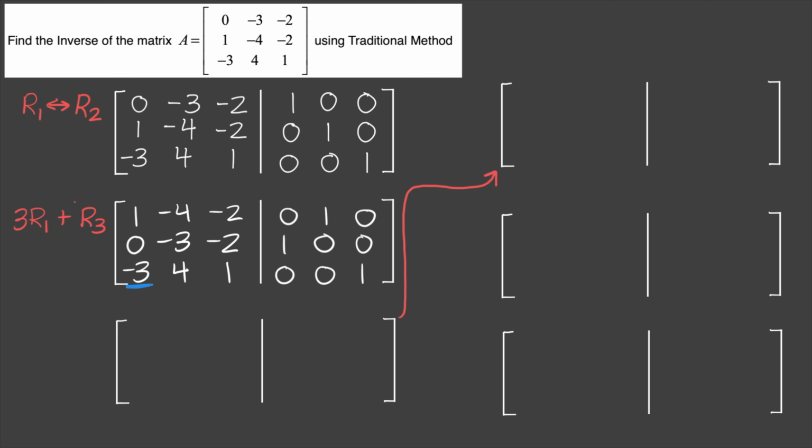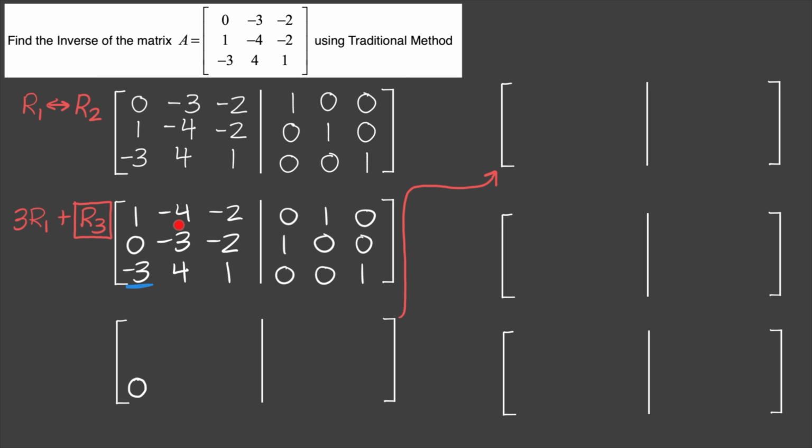We always get to choose which row we're going to change. In this case, we want to change r3 so that this becomes a 0. So let's go through the steps. 3 times 1 gives us 3, plus negative 3, which is 0. So our new value down here is going to be 0.